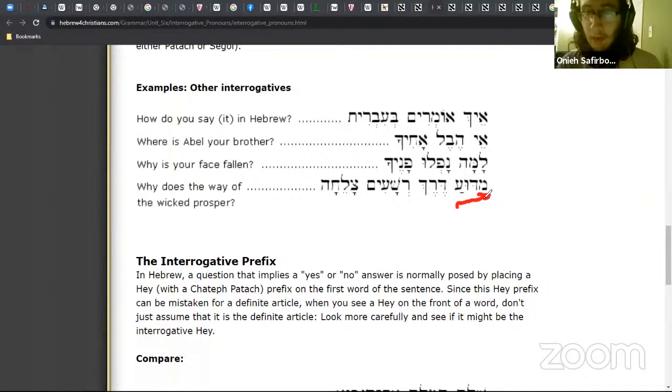This one's like from, like there's a Latin phrase that corresponds to the Hebrew. So it's a common way of saying it. So why prospers the way of wicked ones?